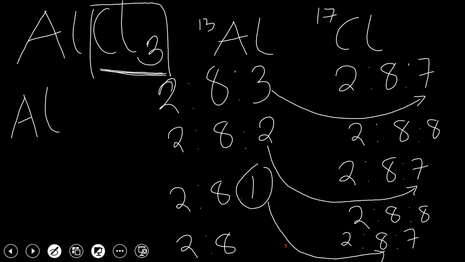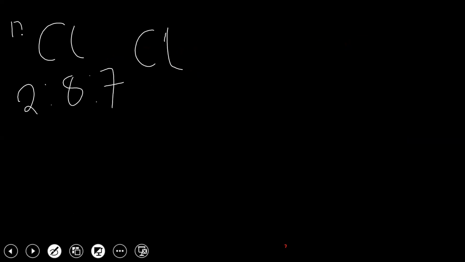Now today I want to talk about covalent bonding. Covalent bonding is different from ionic bonding. Covalent bonding is the sharing of electrons. For example, if I have a chlorine atom and another chlorine atom, the first chlorine atom has 2 to 8 to 7 because its atomic number is 17.